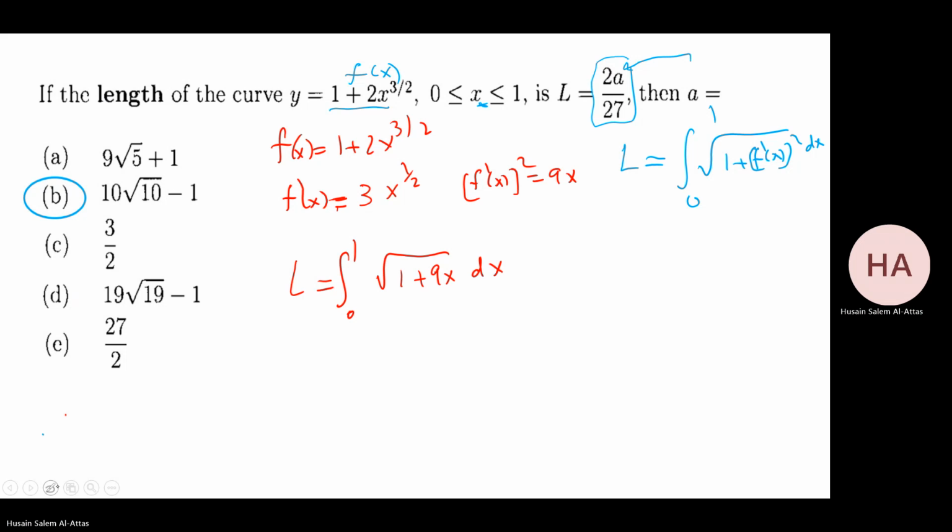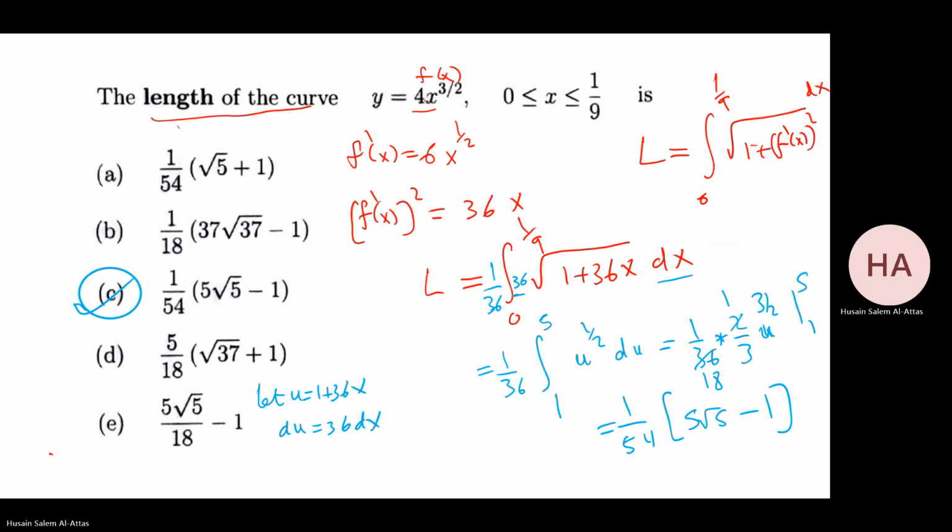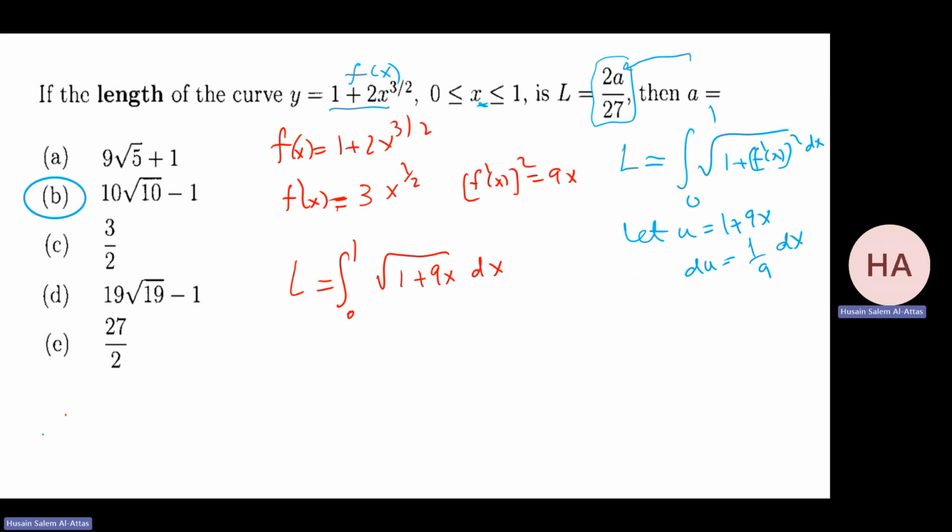We'll do let u now, let u equal 1 plus 9x, du will be what? 9 dx. So I have 1 over 9, and I need 9 outside.